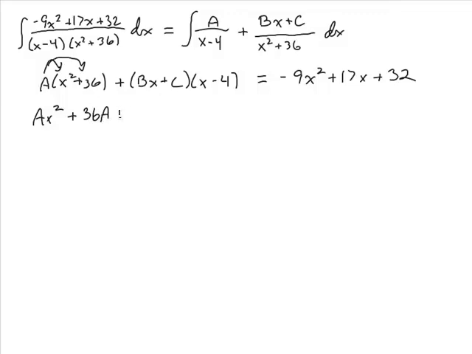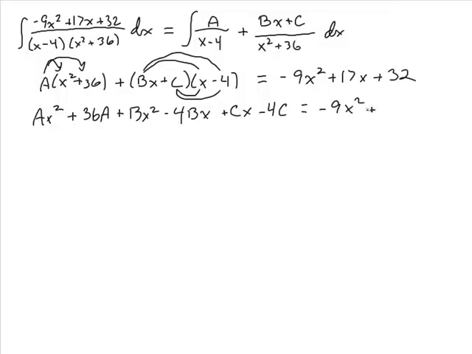Here we have to FOIL, so multiplying these we get Bx squared. Doesn't matter what order you do them in, just make sure you get all of them. Minus 4Bx. Here's going to give us a plus Cx, and then finally a minus 4C. Again, this is going to be equal to negative 9x squared plus 17x plus 32.